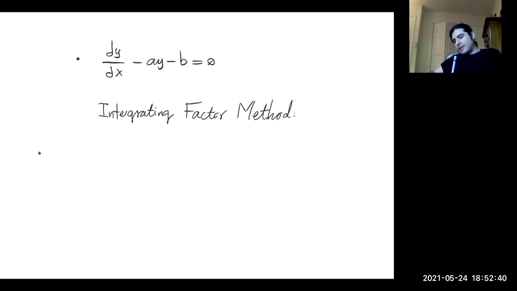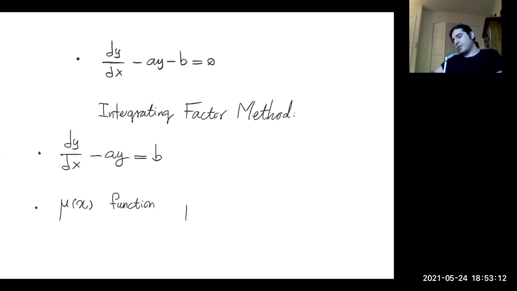So I would just slightly change the equation. I would take b to the other side of the equation. I would get dy/dx minus ay is equal to b, where again a and b are constants and a is non-zero. Now, suppose mu of x is a function.